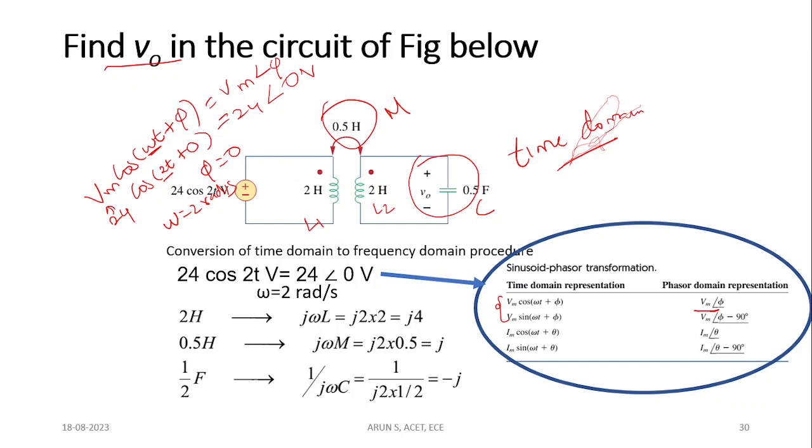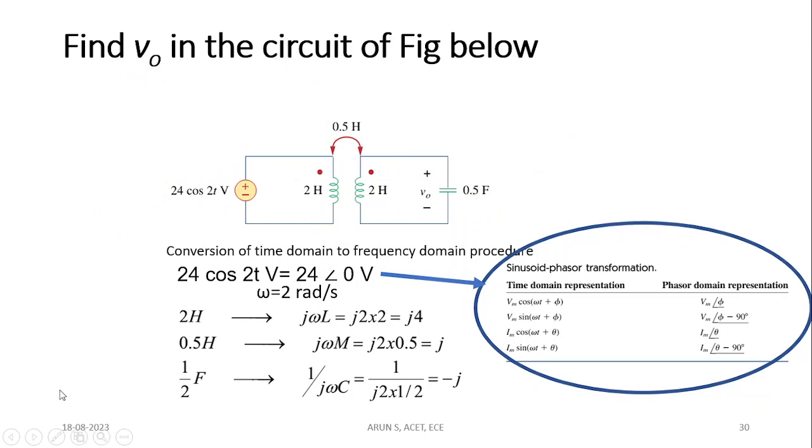Next, I need to convert the inductor value, mutual inductance and capacitor value into frequency domain equivalent values. Inductance L is represented as j omega L. Let us take 2 Henry. It can be written as j times omega, which is 2 radian per second, multiplied by the L value 2.